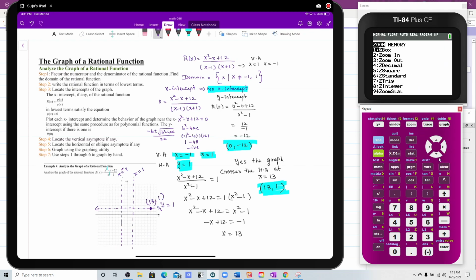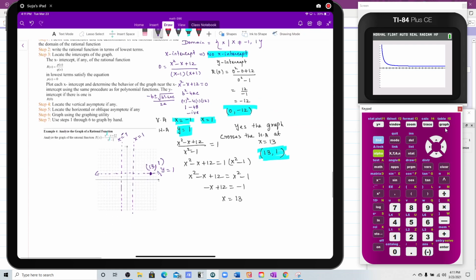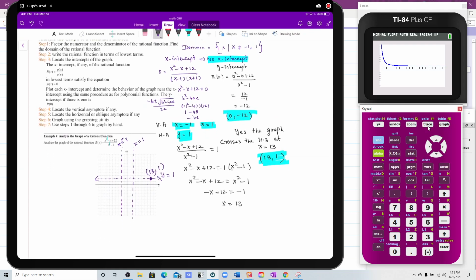Let me zoom in a little bit. So see here, if the graph is going on the right, it's never going to touch the x-axis. So zoom out. Okay, so here I know the graph is crossing the horizontal asymptote, and you see it blinking there.